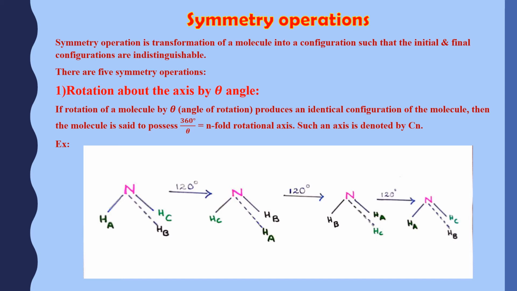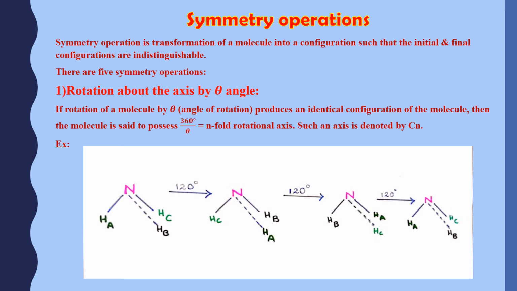Next, again the rotation by 120 degrees, we get the identical configuration. So the first configuration and the last configuration are now identical. This happened after rotating through 120 degrees, that is 3 times. Therefore we say it has a C3 axis of symmetry.